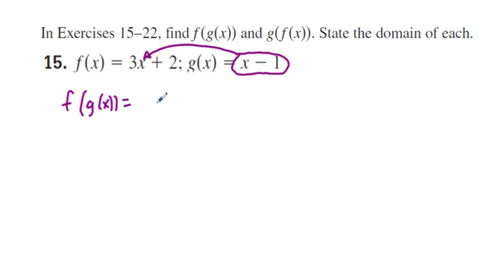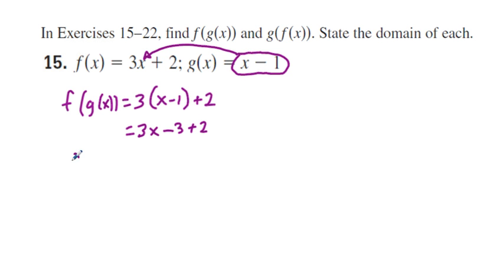is equal to 3 times, let's plug in g of x, which is x minus 1, and plus 2. So everything in f of x we've left the same, except we replaced x with this x minus 1. And simplifying and expanding using the distributive property, we have 3x, and 3 times negative 1 is minus 3, plus 2.